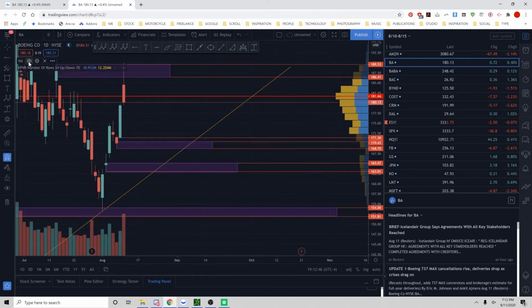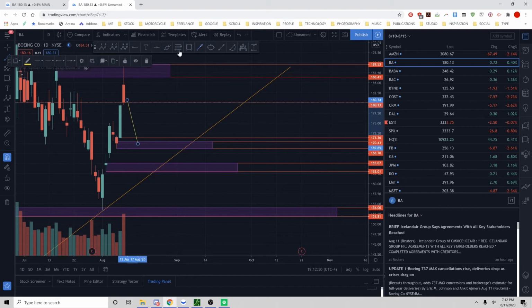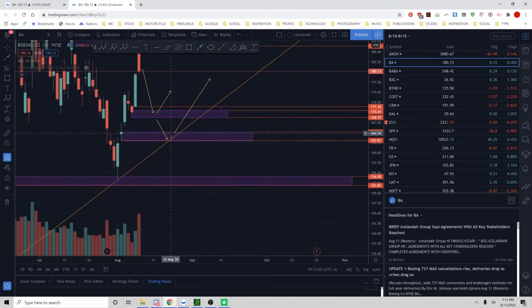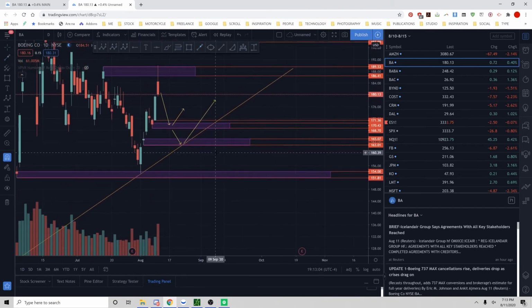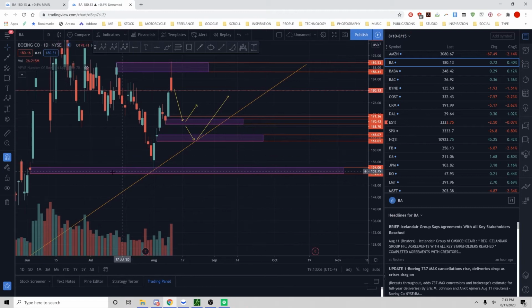I'll just draw some quick arrows. This one is nice because it has confluence with this trend line below. If these two things were lining up, I would love to take another long position there. The risk-reward is great, especially here, because the risk is what? 2 points, $2 if it drops below.